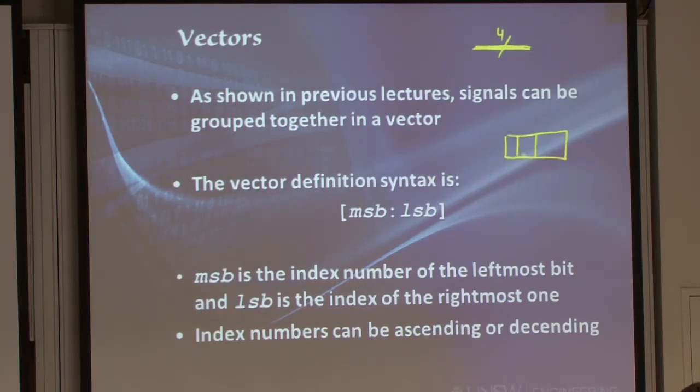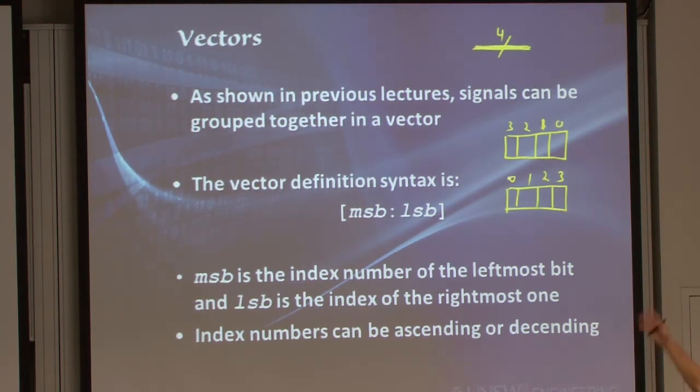So for example, in the regular notation that we worked with, 3 is the most significant bit, 0 is the least significant bit, and you can refer to it that way. I can also define my vector to have 3 as the least significant bit, and 0 as the most significant bit.